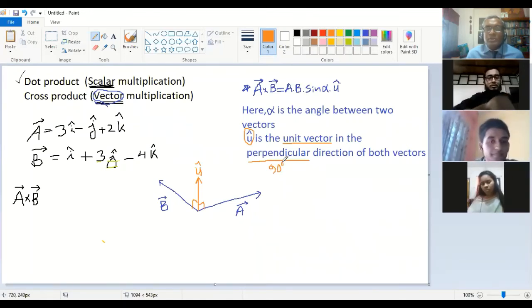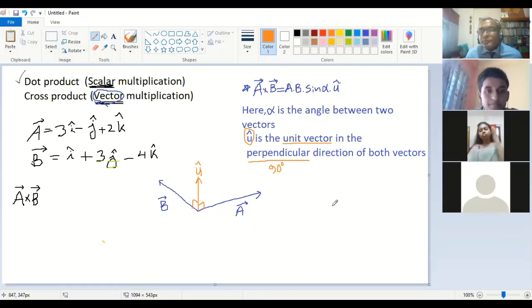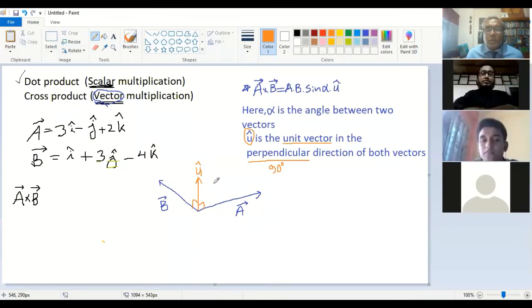Is that okay? Do you understand this? A and B are on the page, but this is a 3D situation. A and B can be like this, one in this direction and another in that direction, like the corner of a building, and the angle between them can be small. Say this angle is only 40 degrees.